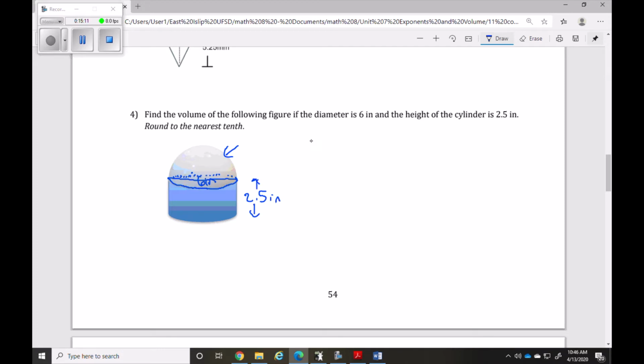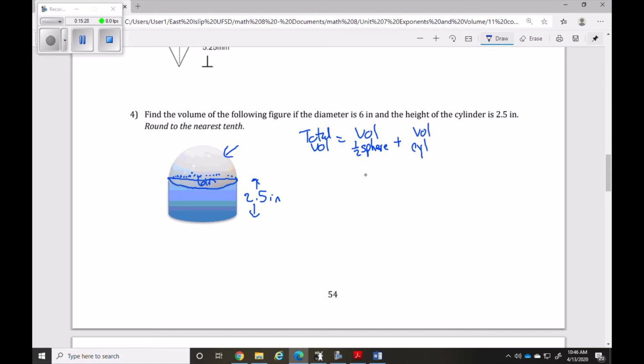So to do this one, I would find the total volume would be the volume of the half of a sphere plus the volume of the cylinder.